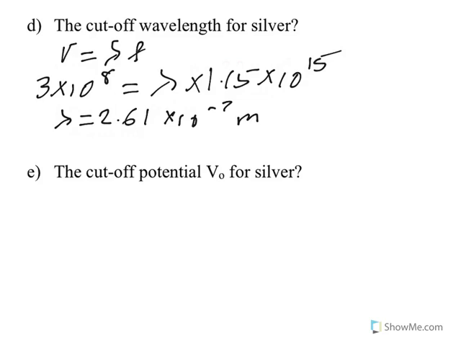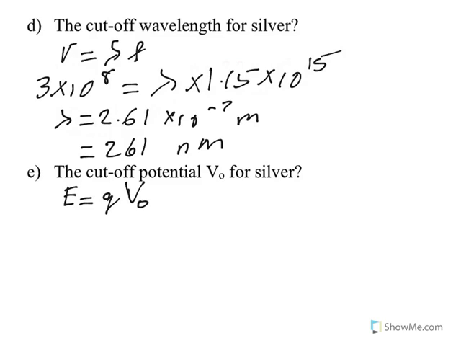Alright, now that's a massive thing, but if I move that decimal point a couple of places so that it's 261, then that's nanometers. Alright, the cutoff potential for silver, so E equals QV, and V naught.